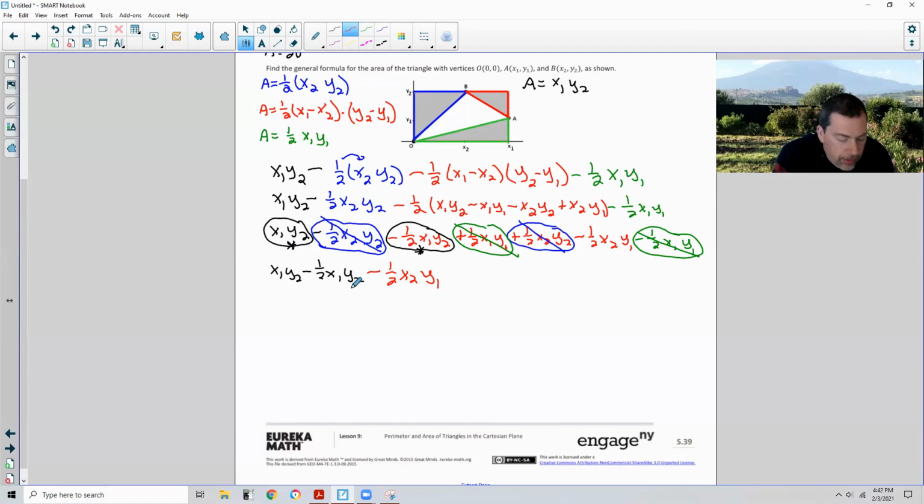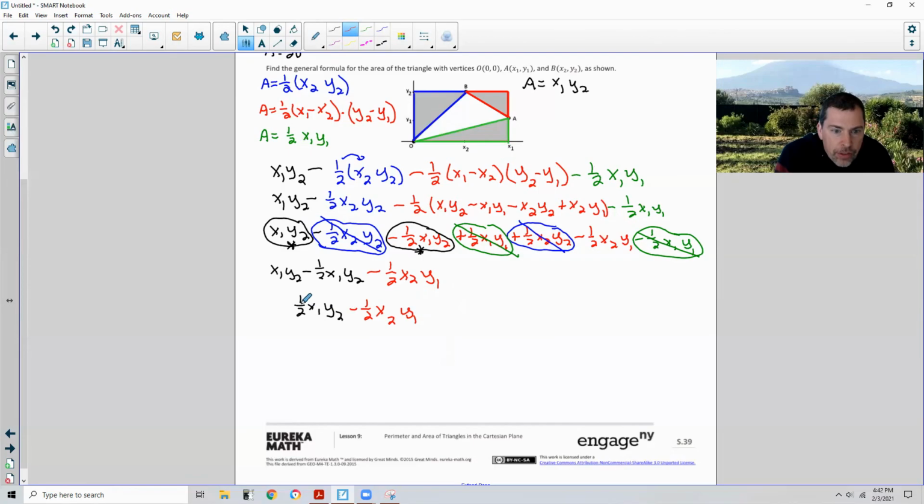So then this is going to give me x sub 1, y sub 2 minus 1/2 x sub 1, y sub 2 will give me a positive, switch to black. That will give me a positive 1/2 x sub 1, y sub 2. And then we're going to have this minus 1/2 x sub 2, y sub 1. Okay, these are two terms. This is a binomial now.